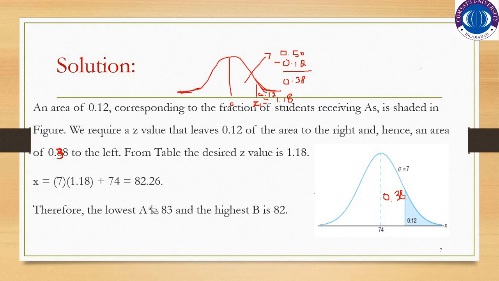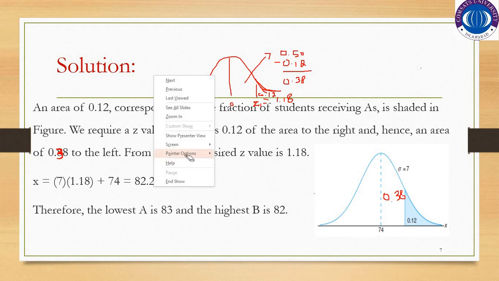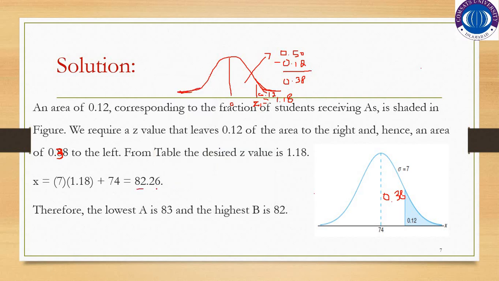This area will contain the A grade, and below this point will be B grade, but we have to find the highest possible B, so it should be close to here. As they ask for the highest B and lowest A, the highest B is 82 and the lowest A is 83.